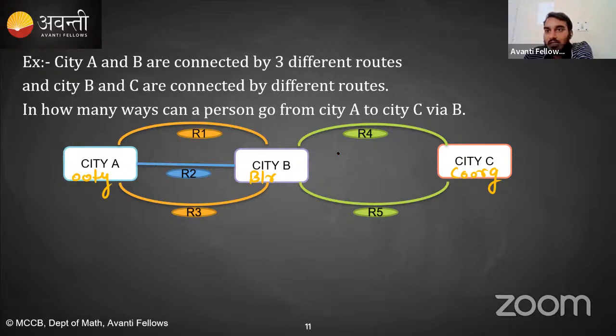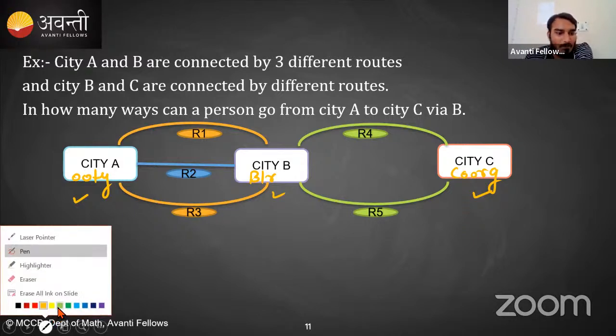The question is: in how many ways can a person go from Ooty to Kurg via Bangalore? Means the person has to go from Ooty to Kurg, but has to go via Bangalore. So how many ways can this journey be made? That is your simple question.